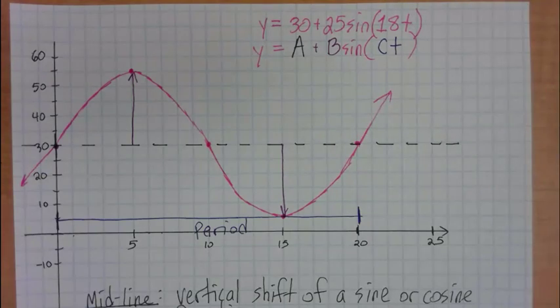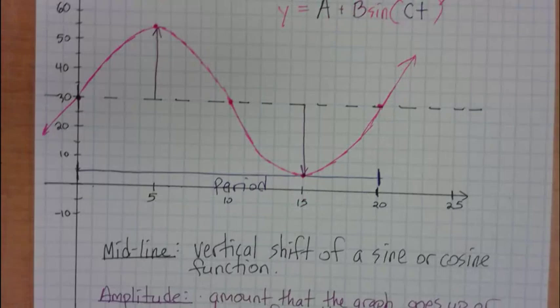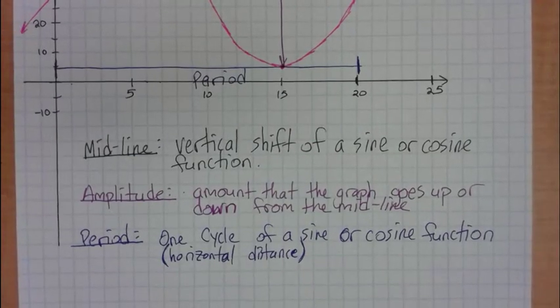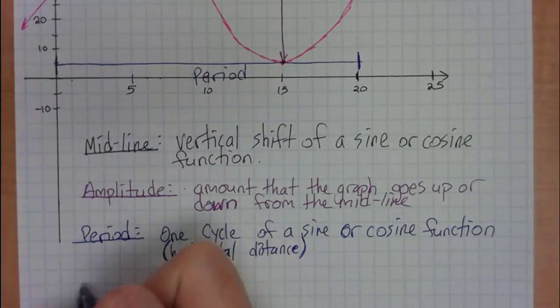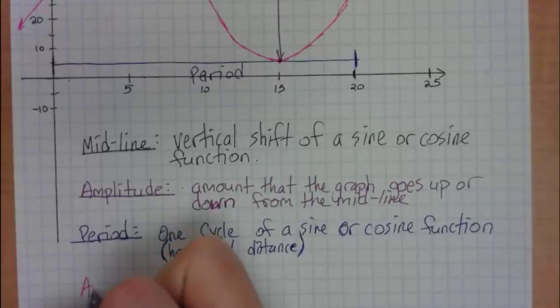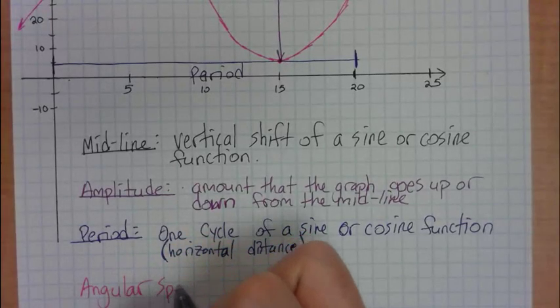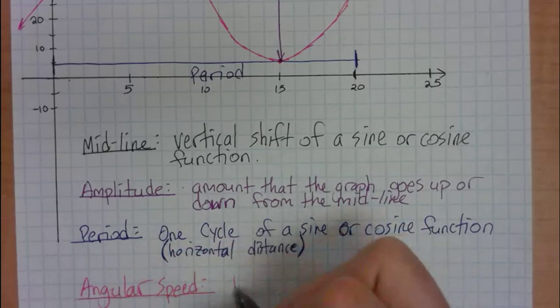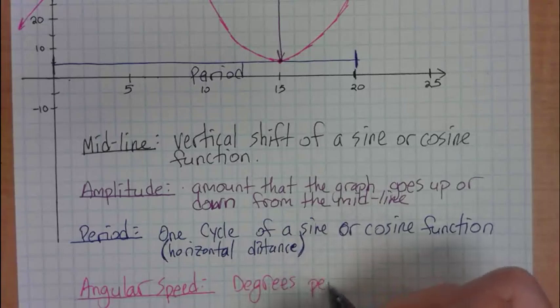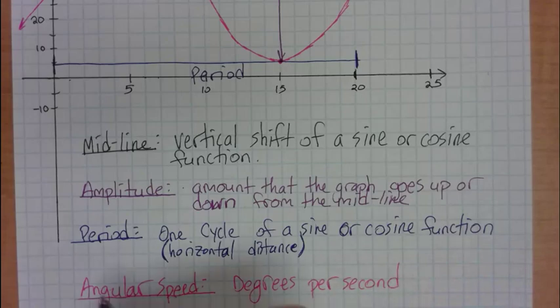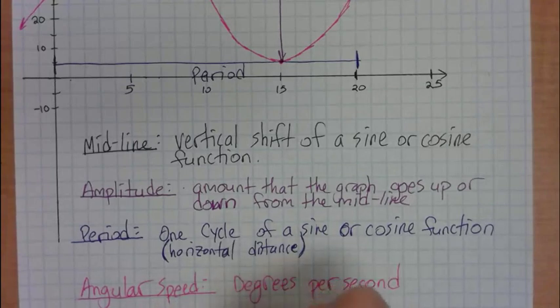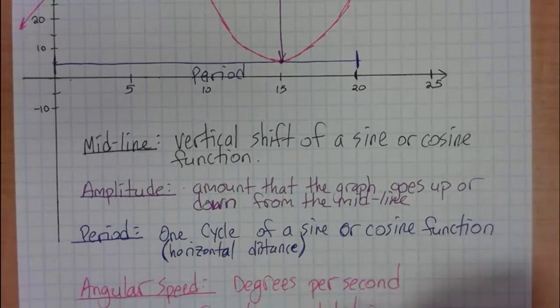Now we need to define some of those things. We've already defined what angular speed is: angular speed is degrees per second, and frequency is the number of cycles completed in a set amount, so it could be within a minute or within a second.